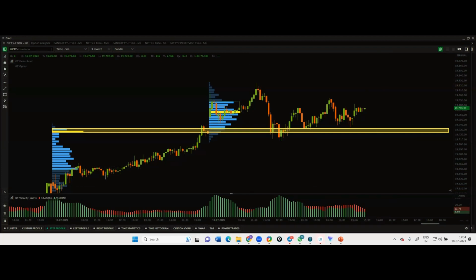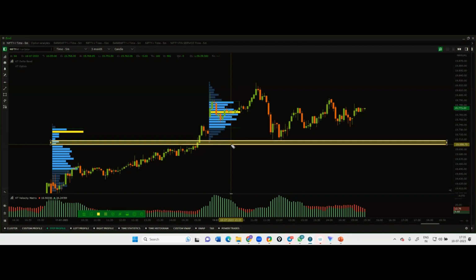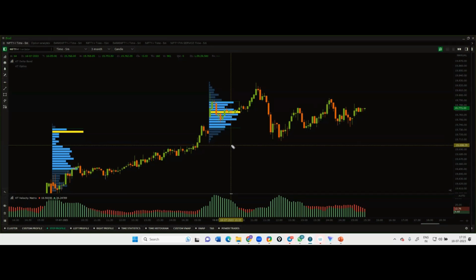Right now, one more kind of profile structure that will help you avoid choppy days, for example, for the next day's session, is something called a balance profile. On some days the value area is towards one extreme, to the upside.